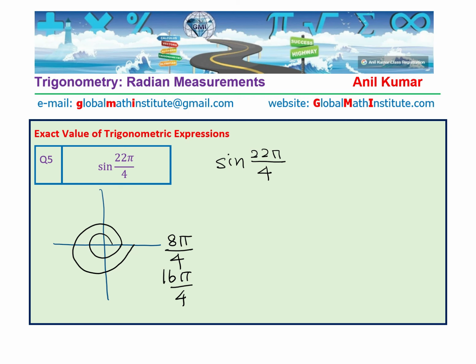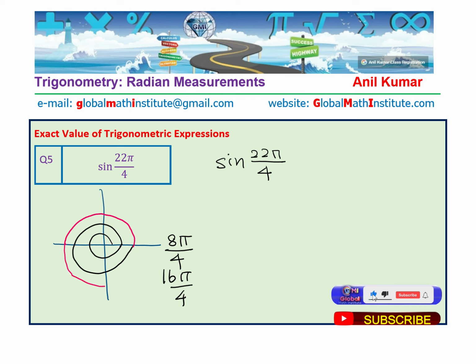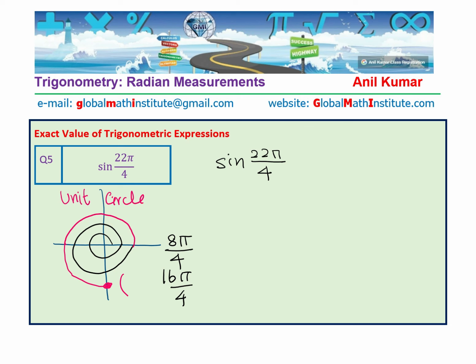So 16, let me just change the color here. 16 plus 4 pi by 4 makes 20. And there we have 21 and 22. So we are right there. So that is the position where we are. Now the coordinate point of this position, if you consider a unit circle, in that case, this is going to be 0 and minus 1.